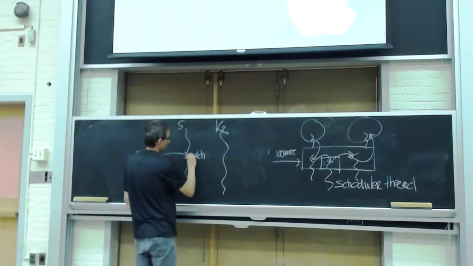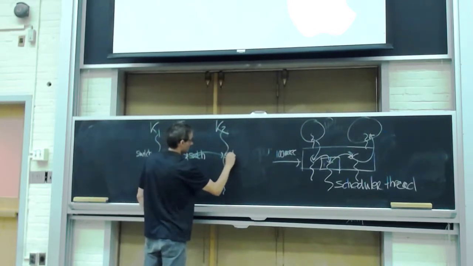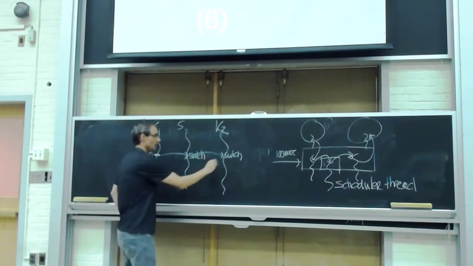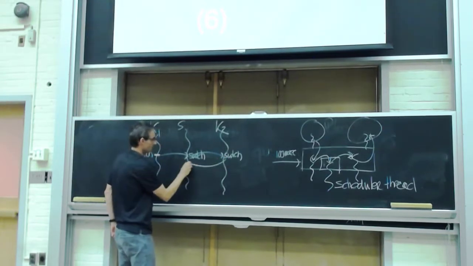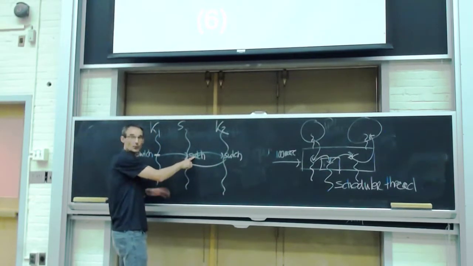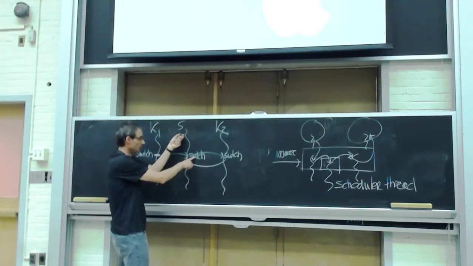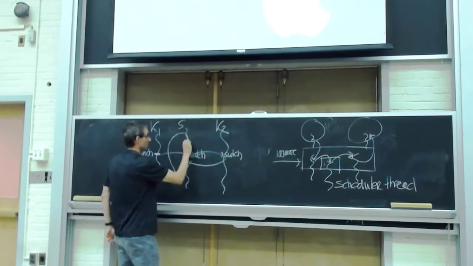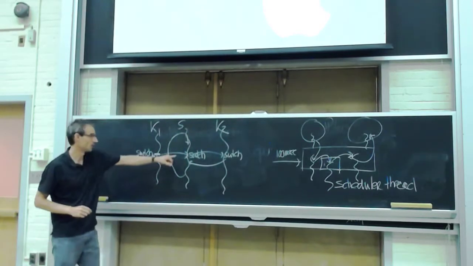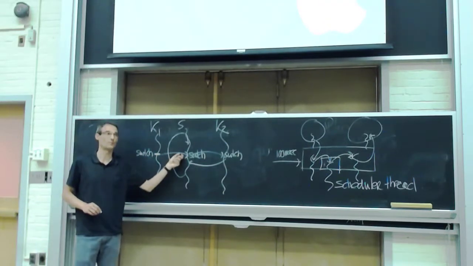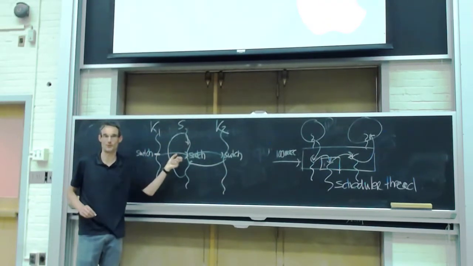When the scheduler switches to another thread, it also calls switch. And when this kernel thread switches back, this switch will cause the other switch to resume and return from the switch call back into the scheduler thread. So it's basically an infinite loop calling switch. When another thread is done, the scheduler thread comes out of that switch and goes back to doing its job.